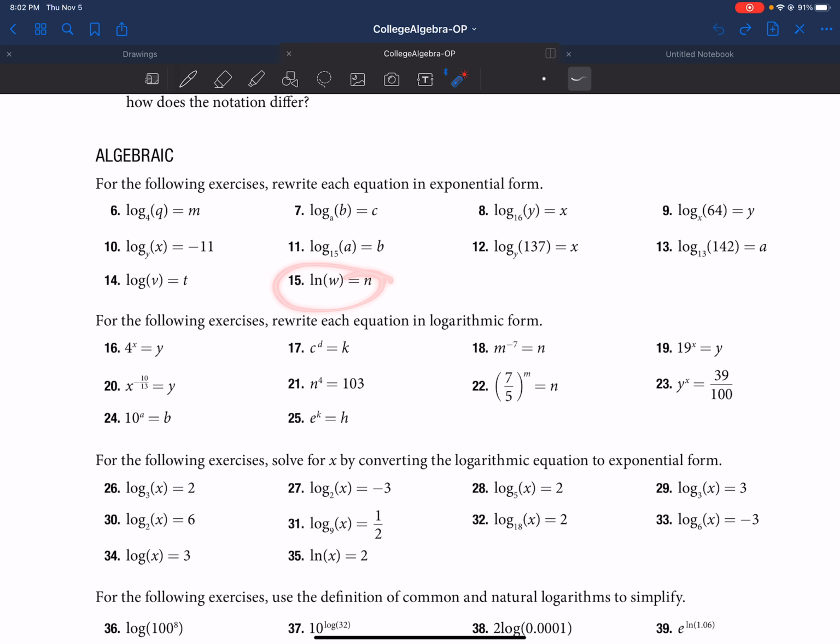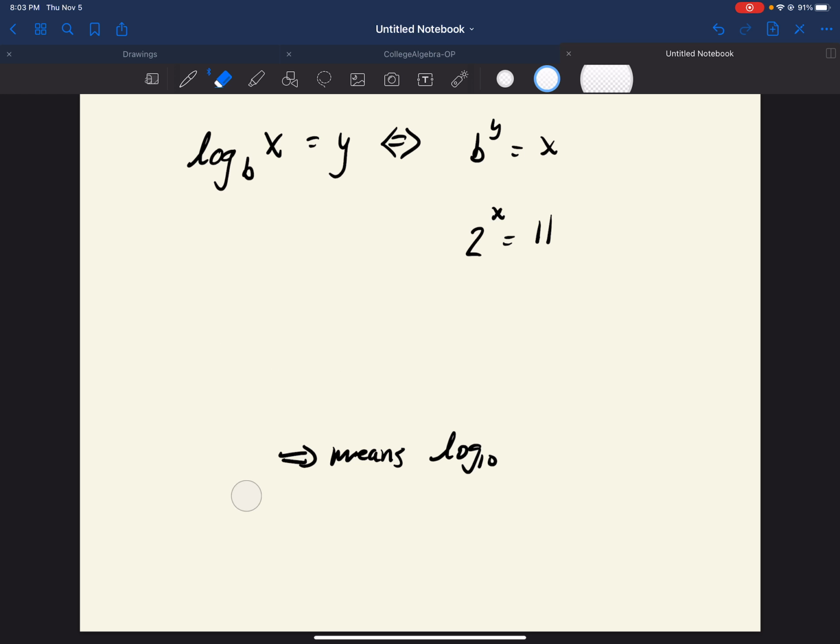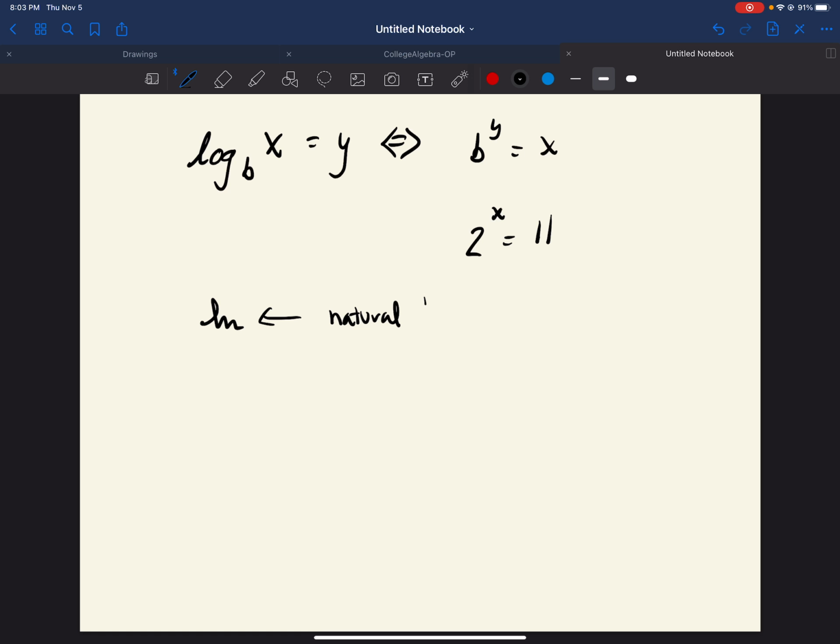And then over here, notice ln. And so the only other one that you need to know about is ln. This actually stands for natural logarithm.